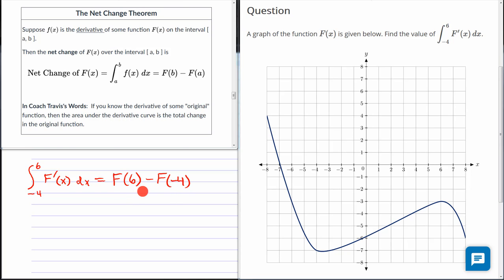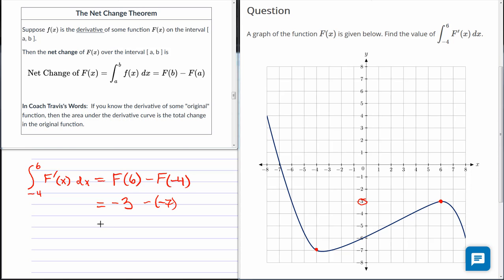And so now we say, okay, well, what's this going to be? Now we just look at our picture, and we see that when x is positive 6, the value of the function is -3. So this is -3 by looking at the graph. And then when x is -4, it looks like -7.